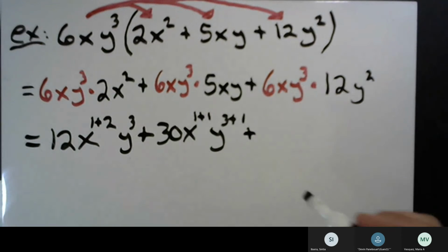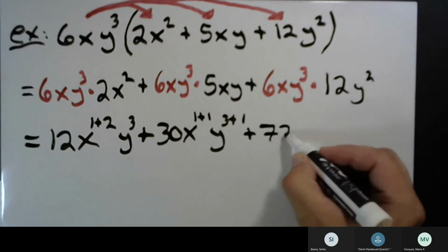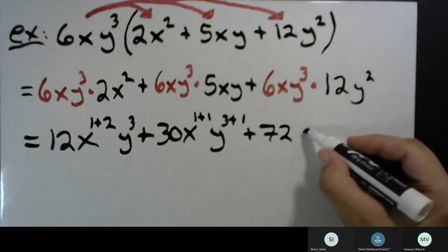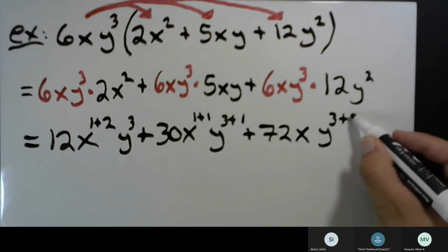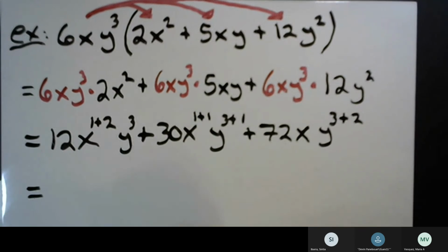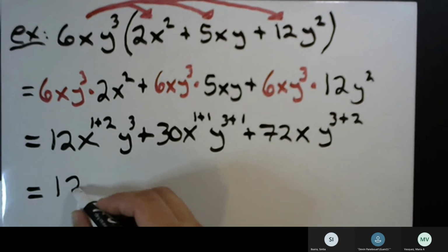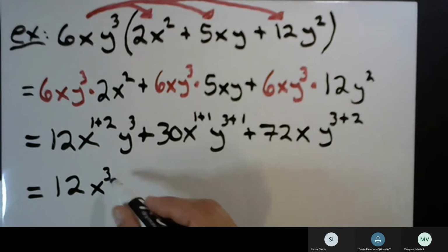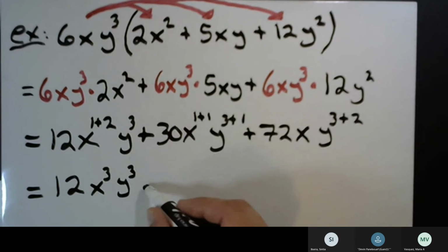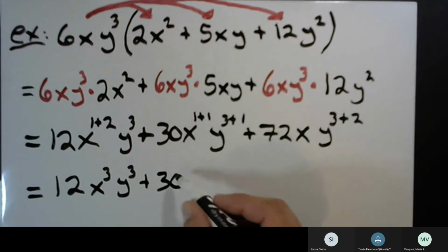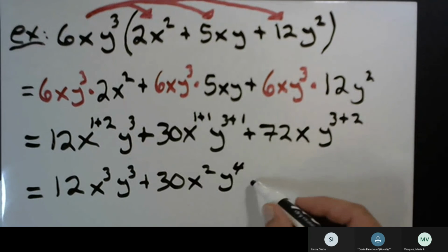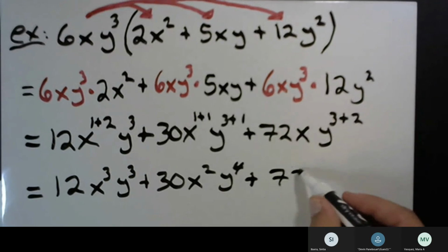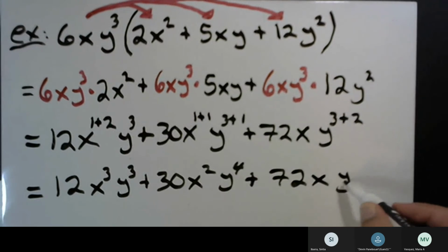Then we have 6 times 12 is 72. The x is by itself, but we do have y's. And so what we're going to get, 12 x cubed y cubed plus 30 x squared y to the 4th plus 72 x y to the 5.